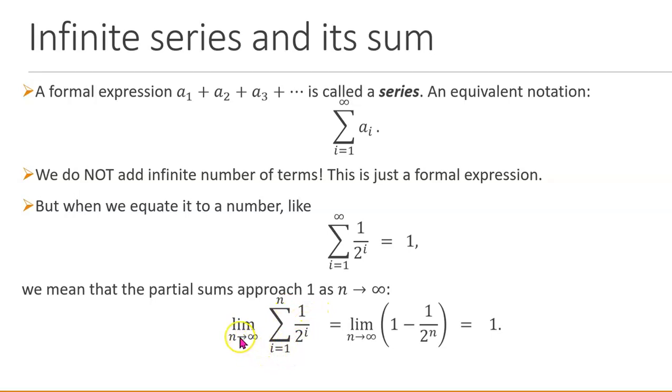So formally, we write the limit as n goes to infinity of the partial sum from i equal 1 to n of 1/2 to the i, the amount of cake eaten in the first n days. We already computed that partial sum. It is 1 minus the leftover. So these partial sums are approaching 1.